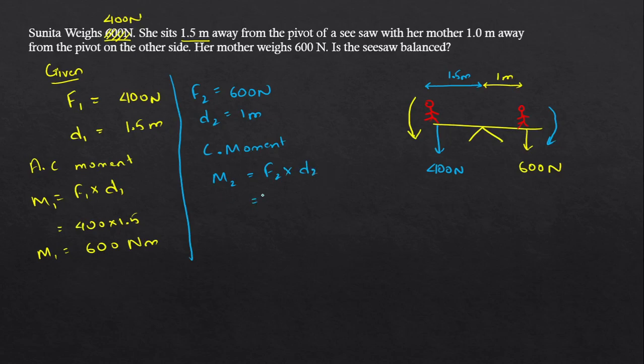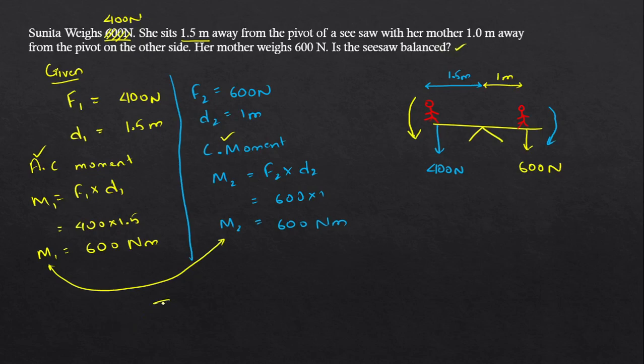Now this will be equal to 600 times 1, which is 600 Newton meters. So this is M2. So we can clearly see that M1 is equal to M2, right? So if the anti-clockwise moment is equal to the clockwise moment, then the moments are balanced and this will be in equilibrium. So the seesaw is balanced.